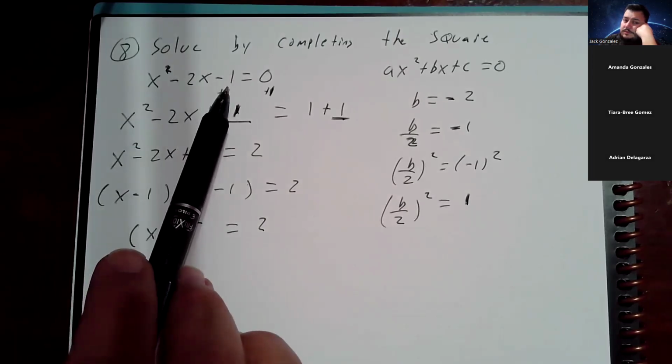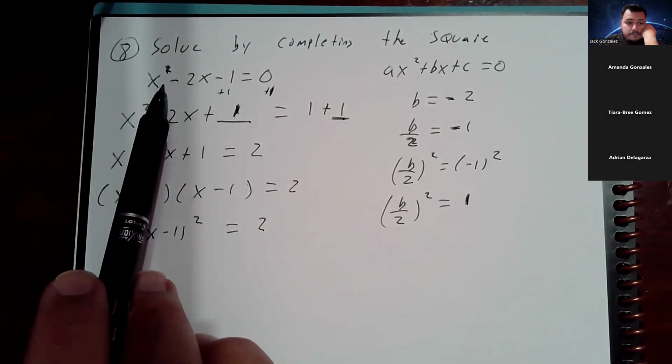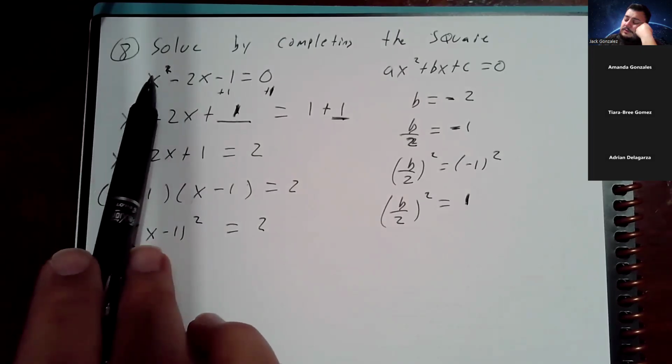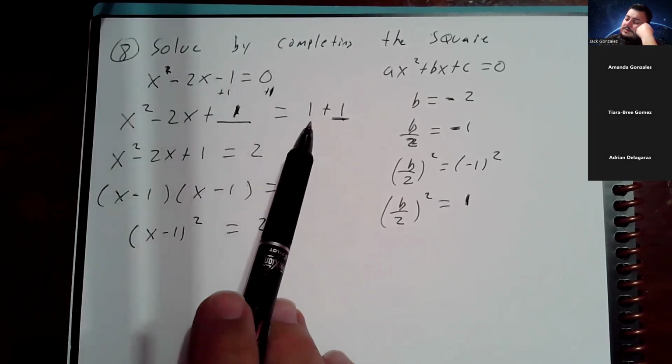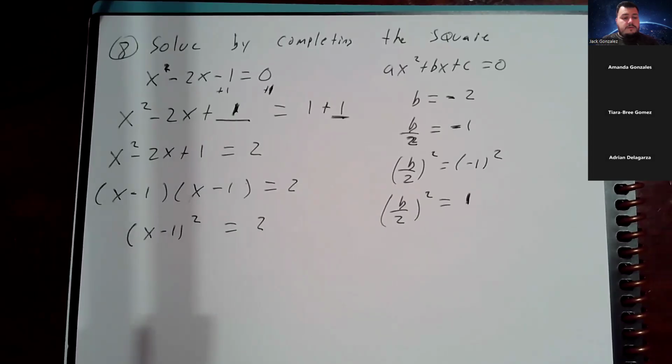Talking about this one or the coefficient of x squared? Like if it wasn't 1, say 5 or something. If it's not 1, you'd have to factor it out of these first two terms. So you would move over the 1 like we did here, then you'd factor it. We'll see if there's one like that. No, I guess not. Well, there's time after, we could try one from the homework.